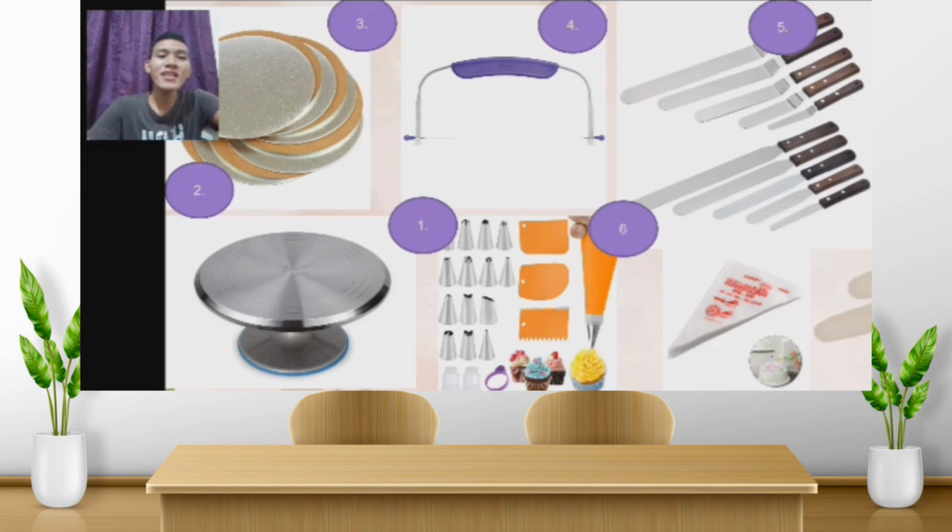Number 4, that is a cake spatula. Number 5, that is a piping tip or decorating tip. Number 6, that is a piping bag. So that's it.